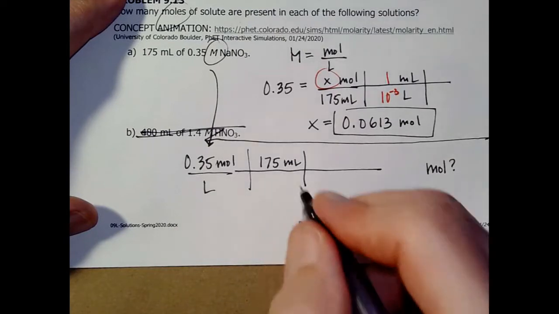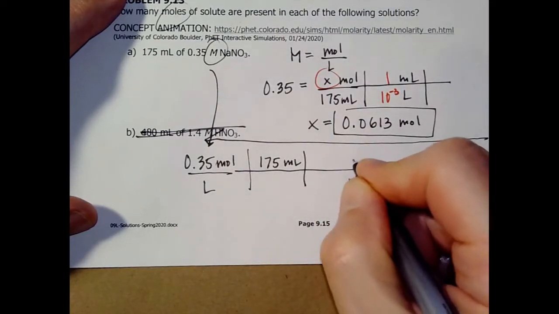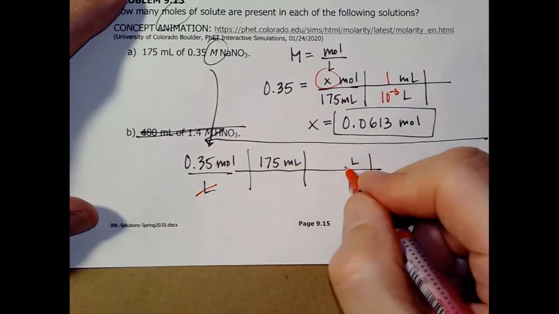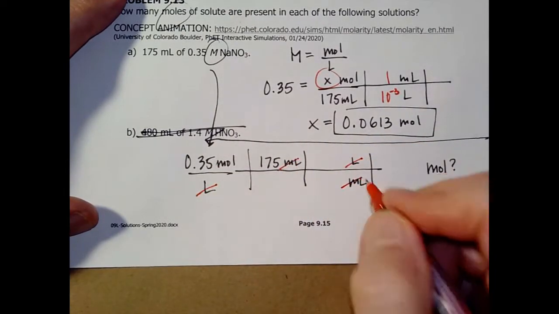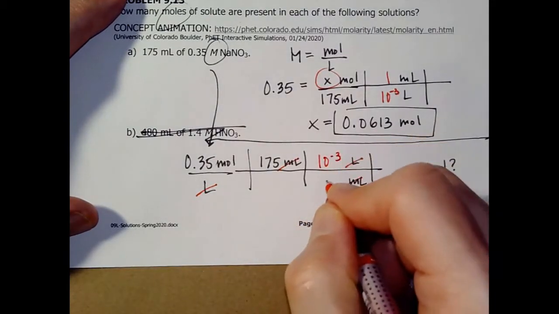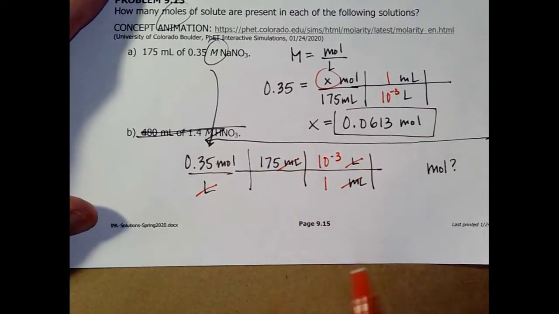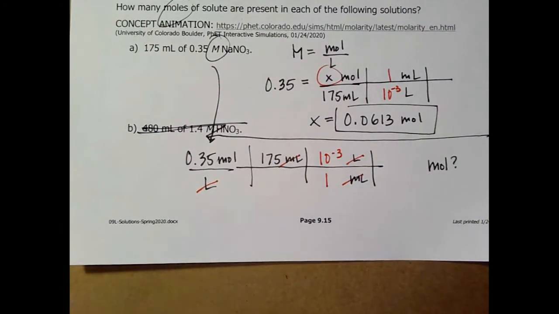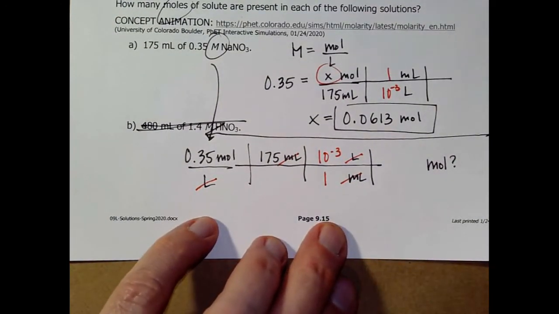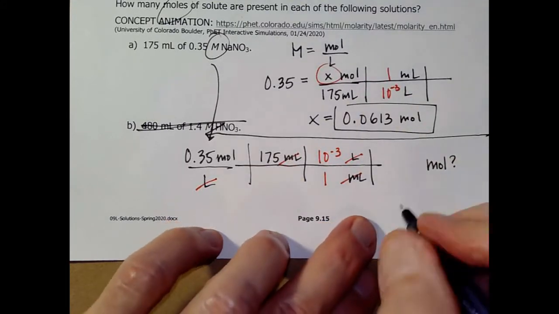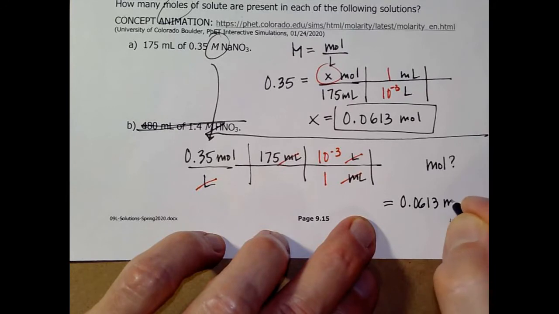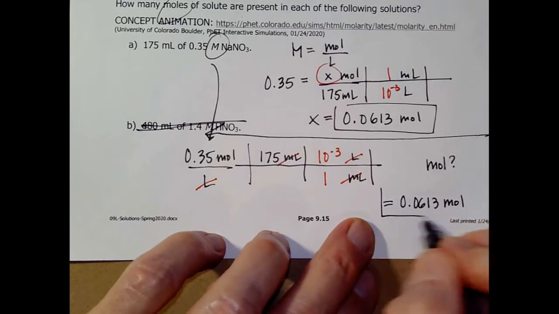And then I say, oh, well, if I had a milliliter to liter conversion, liters would be gone, milliliters would be gone, and we'd have it. So 10 to the minus 3 and 1. So again, it's like all these math problems, multiple ways to do this. Gee, it turns out that I do this multiplication and I end up with 0.0613 moles. It's magic.